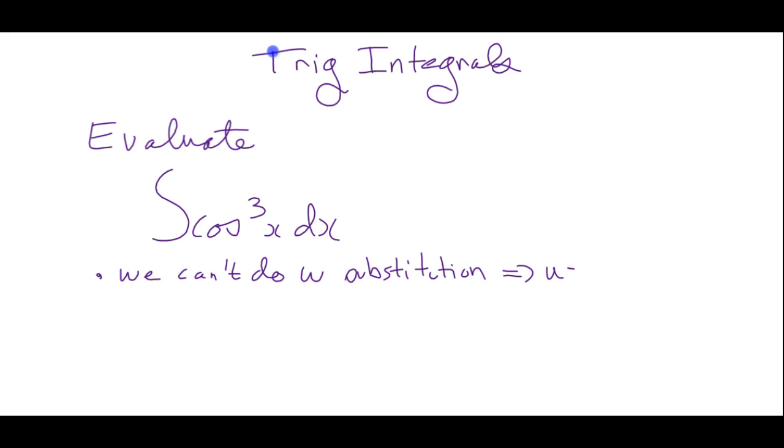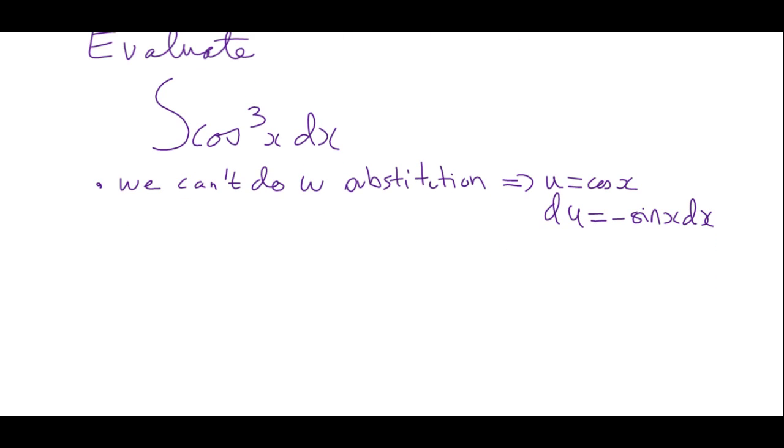Right, because if you did u equal to cos x, then du would be minus sine x dx, and there is no sine x in there, right? So, okay, no u substitution for us.